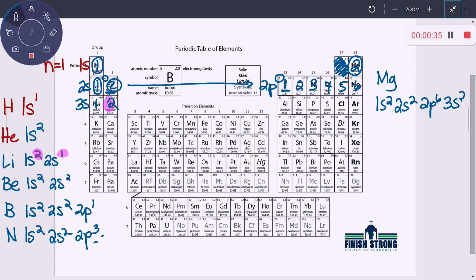All right. So then what I want to do is come down here into the D's. So this is 4s, this is 3d, this is 3p. Let's take a look at titanium.